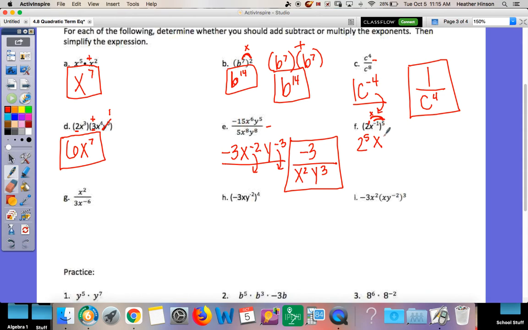Negative 1 times 5 is negative 5. And then 2 to the 5th, that's 2 times 2 times 2 times 2 times 2. That is 32. And our negative exponents, remember those flip to the bottom and become positive.